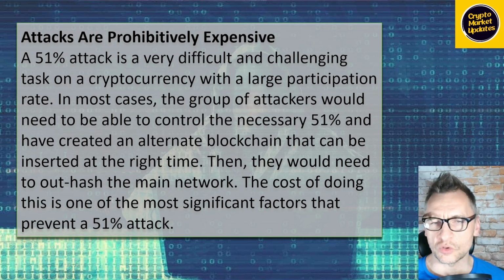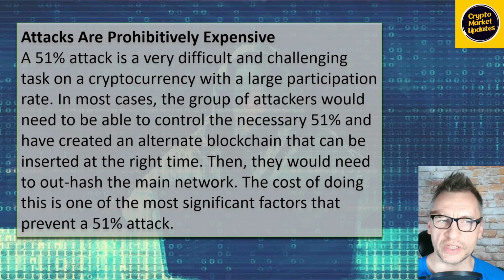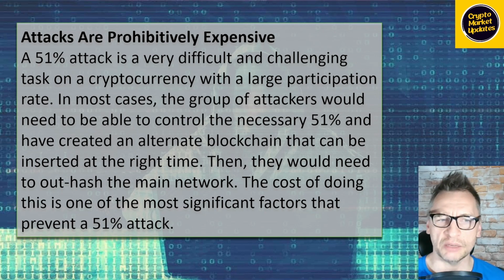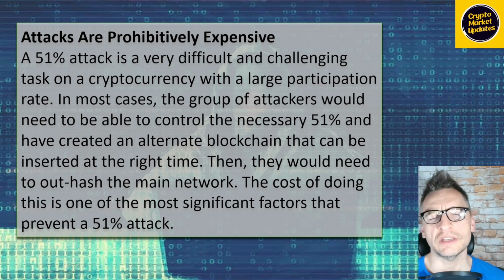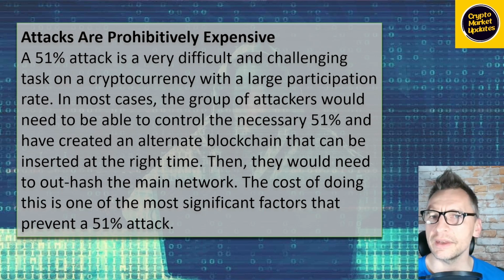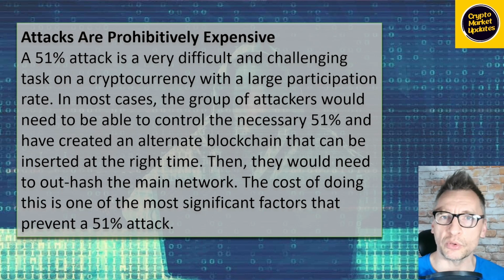In most cases, the group of attackers would need to be able to control the necessary 51% and have created an alternate blockchain that can be inserted at the right time. So basically, the attack would need to take place at a certain time, and then a blockchain that would replace the original one would have to be put in place.